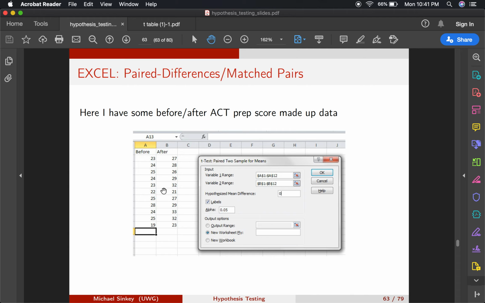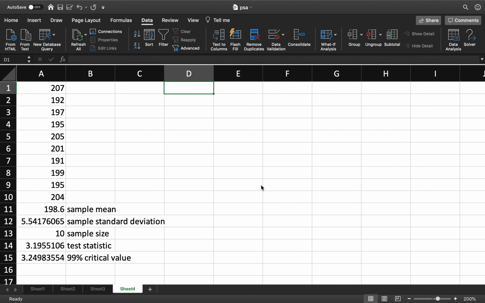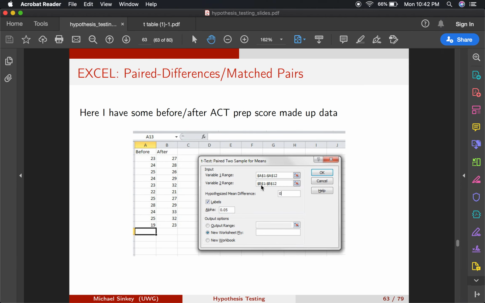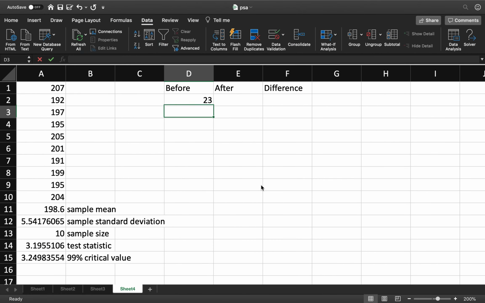Okay, now let's try it out. Here I made up some before and after ACT prep score data. So you take a class to study for the ACT, and we look to see whether or not you do better. Okay, so let's put the before over here, the after over here, difference is right here. The before, we have this data.